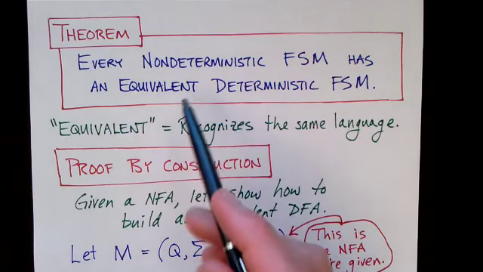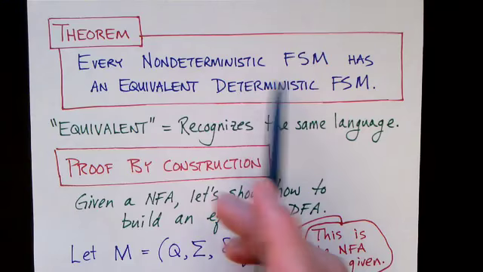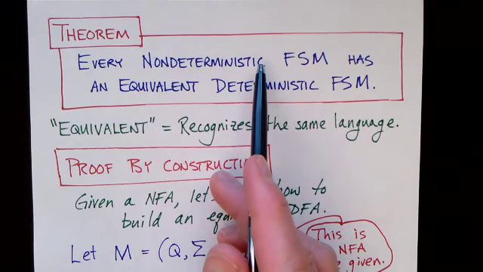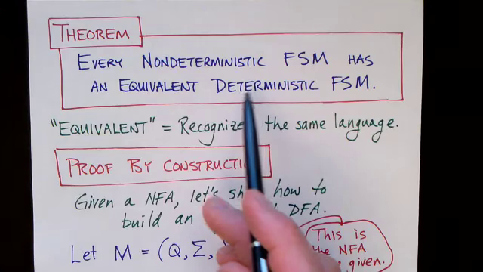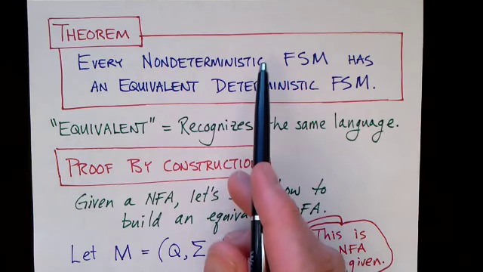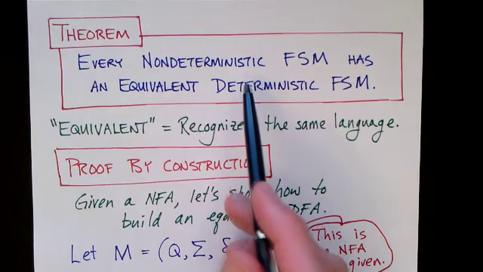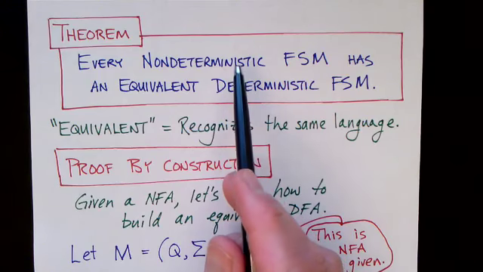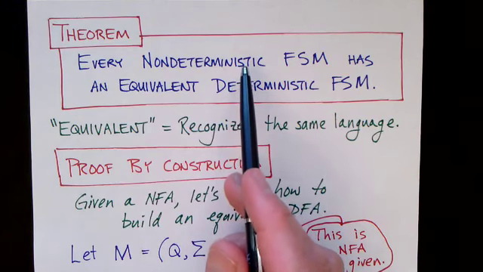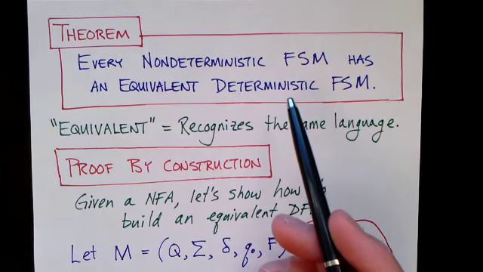I should also point out that for every deterministic machine, there is an equivalent non-deterministic machine. It sort of goes without saying because every deterministic machine is by default a non-deterministic machine. So this two-way theorem means that there's no difference in power between non-deterministic finite state machines and deterministic finite state machines.